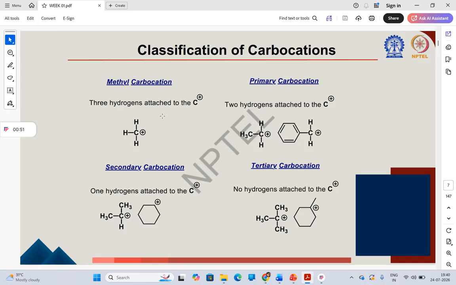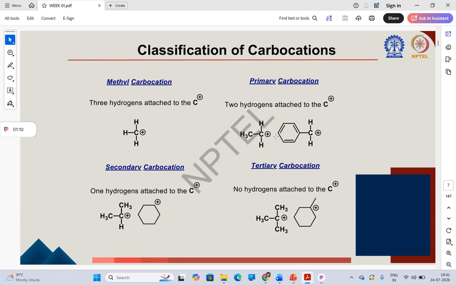Methyl carbocations are carbocations where three hydrogen atoms are there. Here you can see two hydrogens attached, and this is a primary carbocation, because the carbon is attached to only one carbon and two hydrogens.